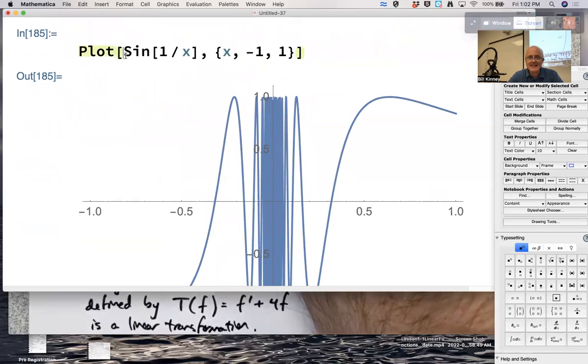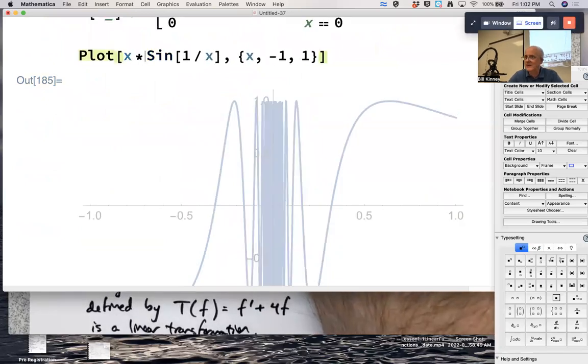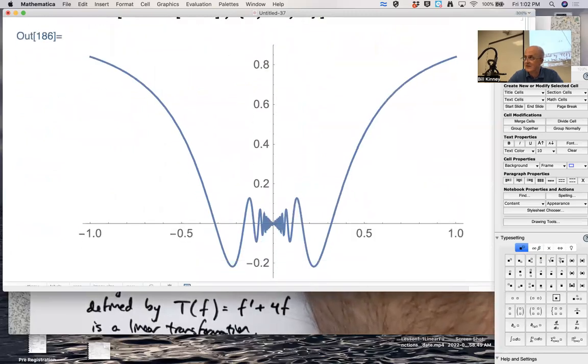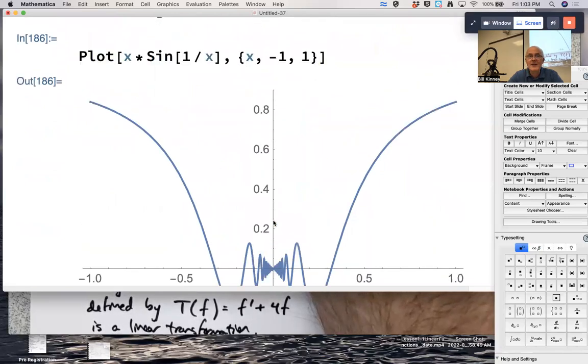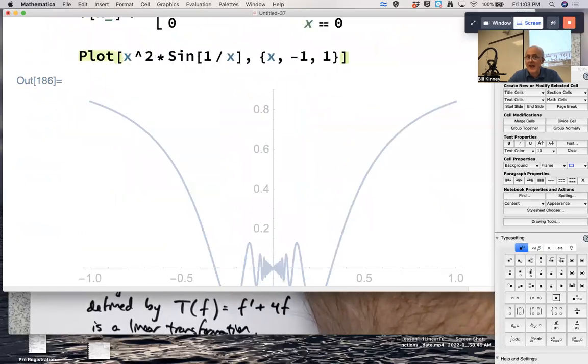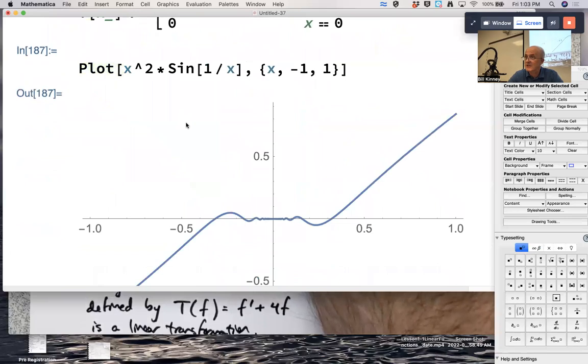If you graph x times sine of 1 over x, it still oscillates infinitely often, but those oscillations get smaller and smaller, enough to make this limit exist as you approach 0. If you multiply it by x squared instead of x, they get smaller and smaller pretty rapidly.